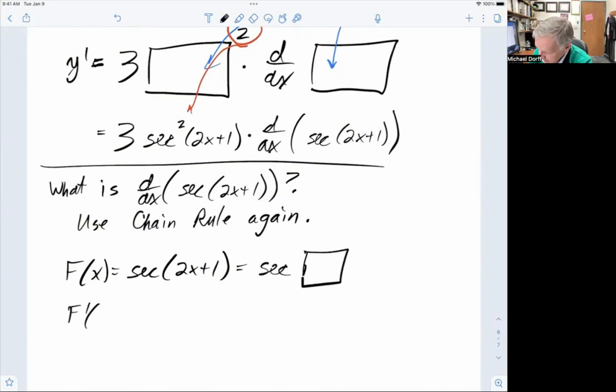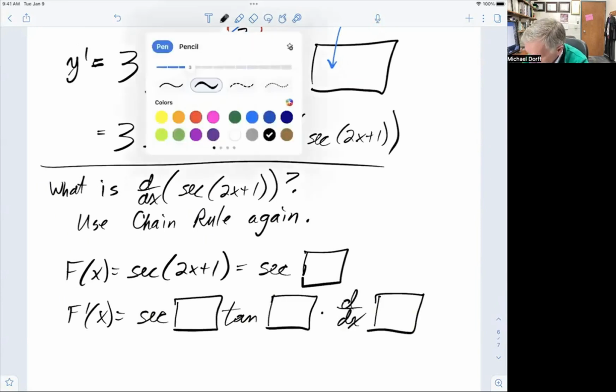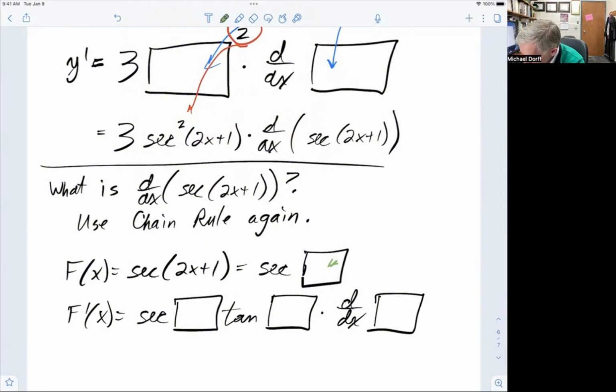So then what's the derivative of secant? Well, that is secant tangent. So I'm going to have secant box tangent box times the derivative of box. And in this case, what do I have inside the box? Inside the box here is 2x plus 1, and that's the same in all of these.